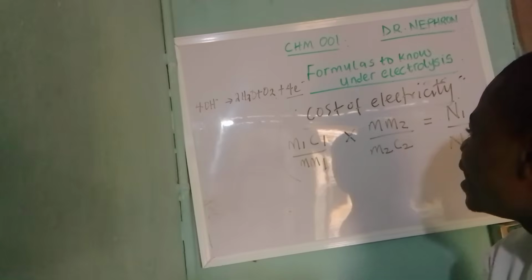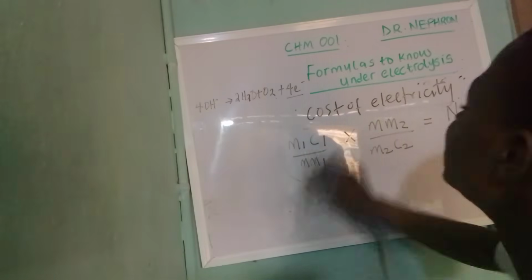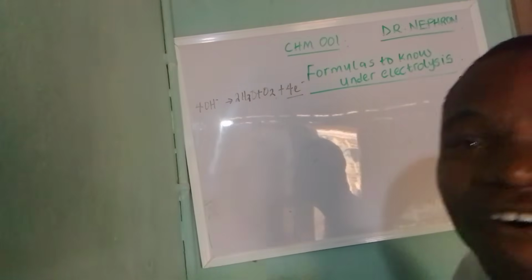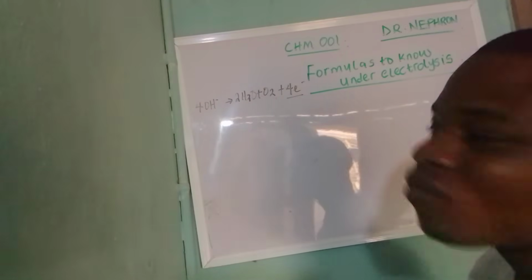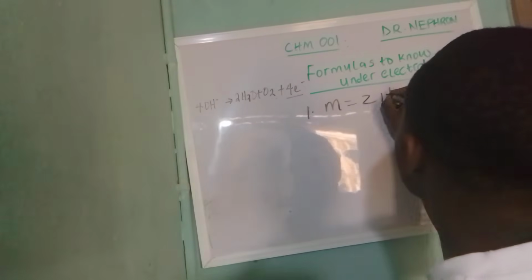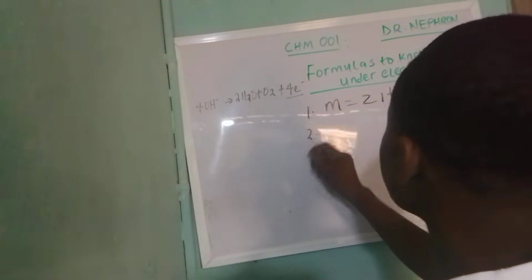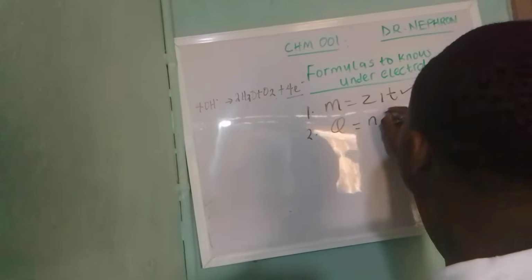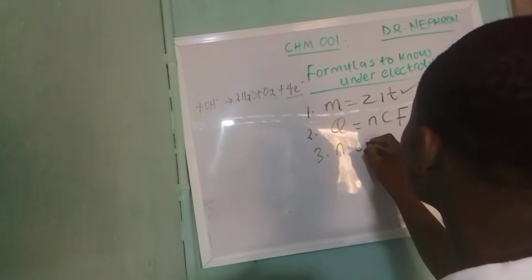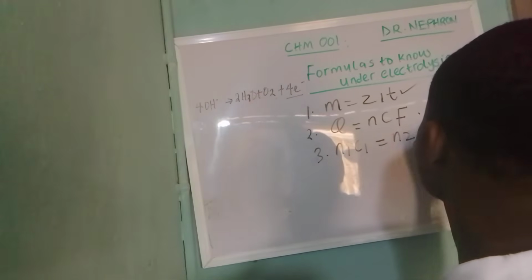Now again, what are the formulas that we need to know under electrolysis? There are 4 or 5. Number 1, M equal to ZIT. Number 2 is Q equal to NCF. Number 3 is N1C1 equal to N2C2.